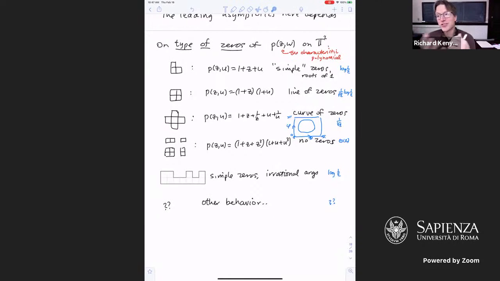So I think there's still a lot to explore in this model, and it seems reasonably robust and works in many settings. It doesn't even have to be a periodic graph like Z^d. So I think there's lots still to explore.